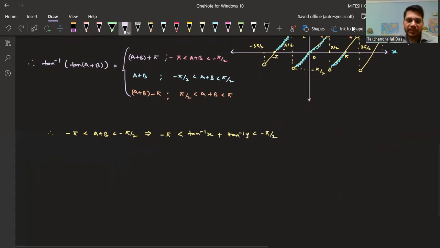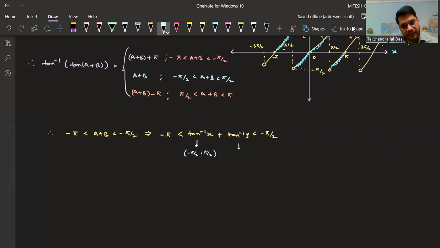Now, what can you predict by seeing this inequality? Definitely this whole expression is negative, that is, between minus pi to minus pi by 2. So clearly tan inverse x and tan inverse y should both be negative. Because tan inverse x lies between minus pi by 2 to pi by 2, and again tan inverse y lies between minus pi by 2 to plus pi by 2.